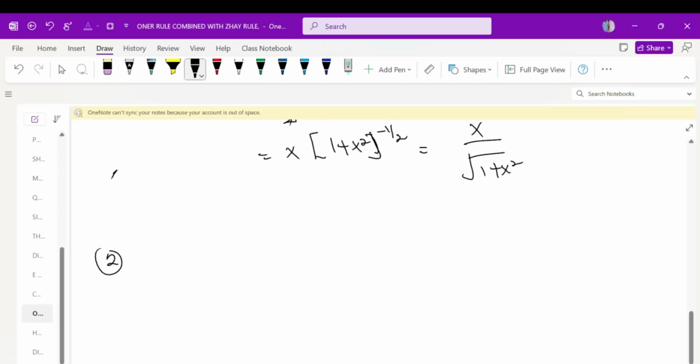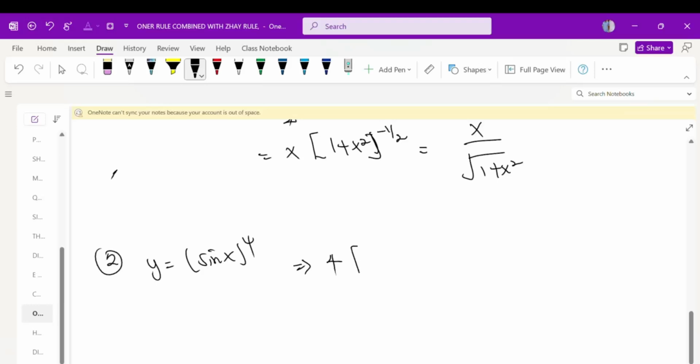Our second example is to find the derivative of y is equal to sine x exponent 4. Okay. Now, applying the same principle here, we'll bring the 4 in front here.